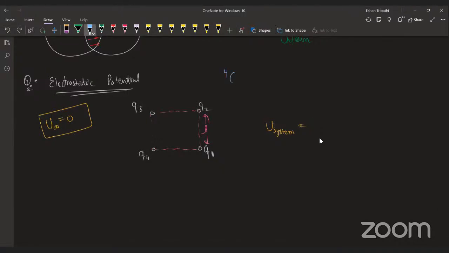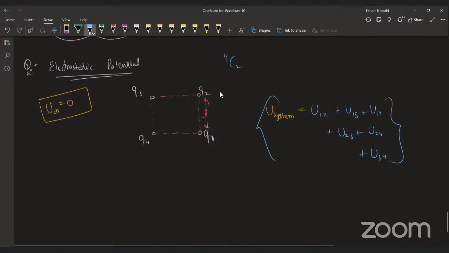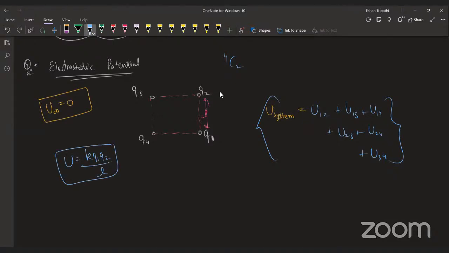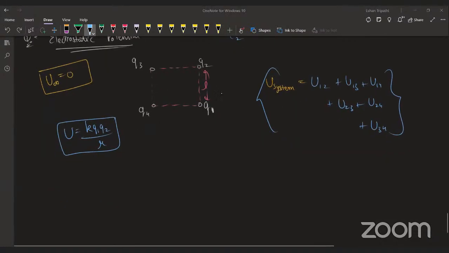You're going to have 4C2 pairs, that is 6. So find the potential energy of 1-2, 1-3, 1-4, 2-3, 2-4, and 3-4. This will give the answer. You can find that with K Q1 Q2 by L. That's the basic formula: K Q1 Q2 divided by L, or R I should write. Okay, that is how we used to do these things.